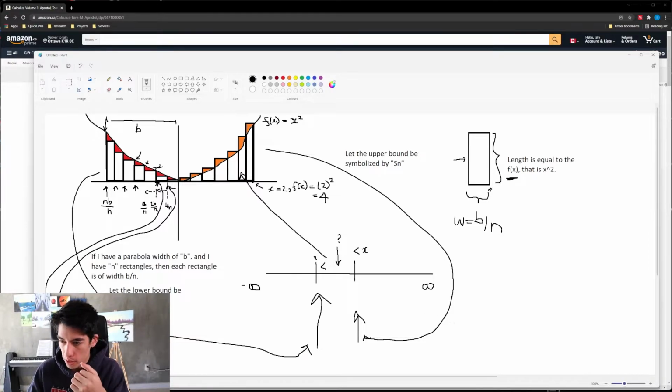Okay, so let's calculate the area of all these rectangles now, because we can do it for each one at this point.